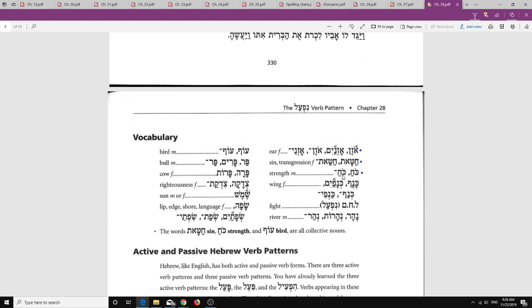Koach, you can see there, this is a furtive patach under this chet, so it's pronounced before the chet. So koach, actually. So strength is what this means. Kanaf, kanafayim, kanaf, kanfe, means wing.